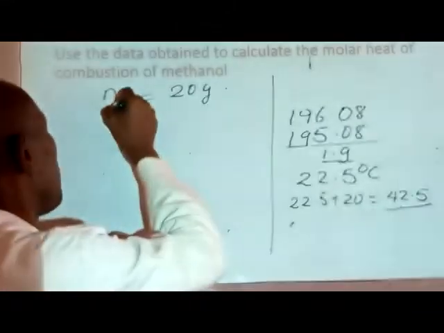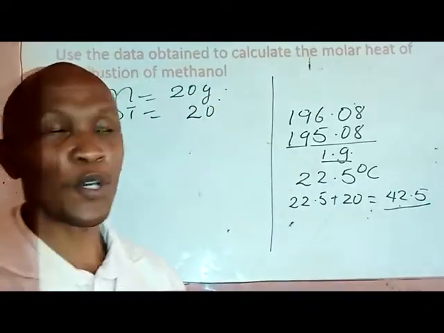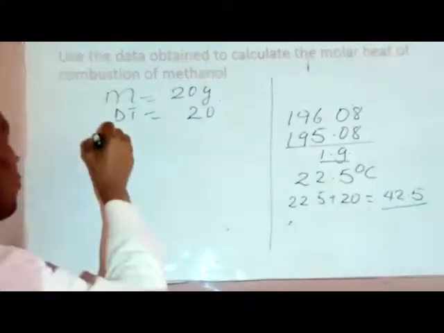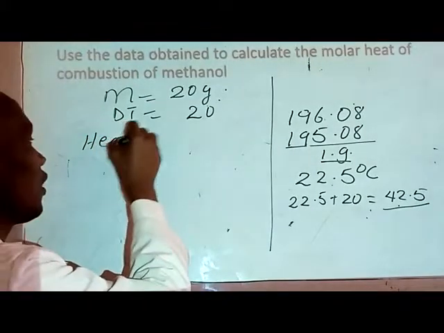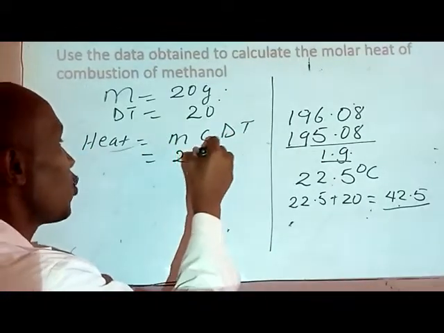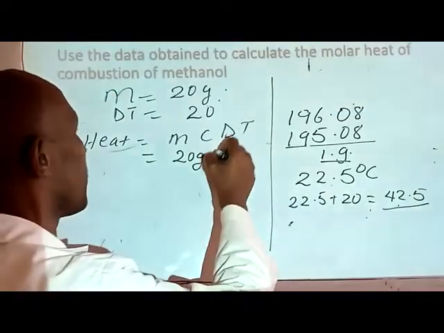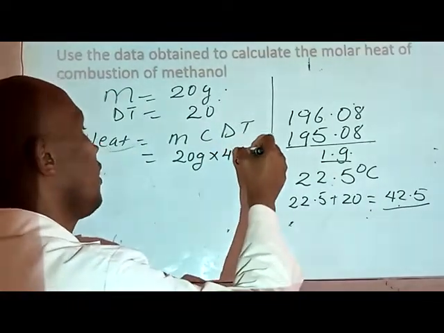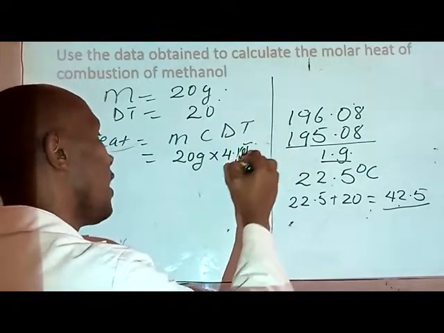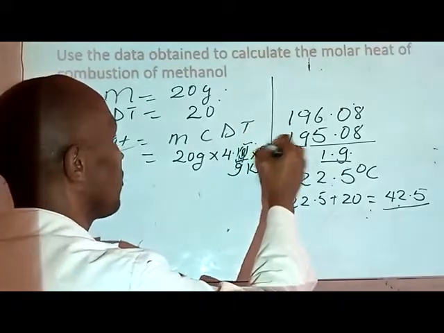Now, what about delta T? It is 20. So, what is the amount of heat that is absorbed by the environment? So, heat is equal to mc delta T. Mass is 20 grams. So, let's use 4.18 joules per gram per Kelvin. But it will be given, and the change in temperature is 20.